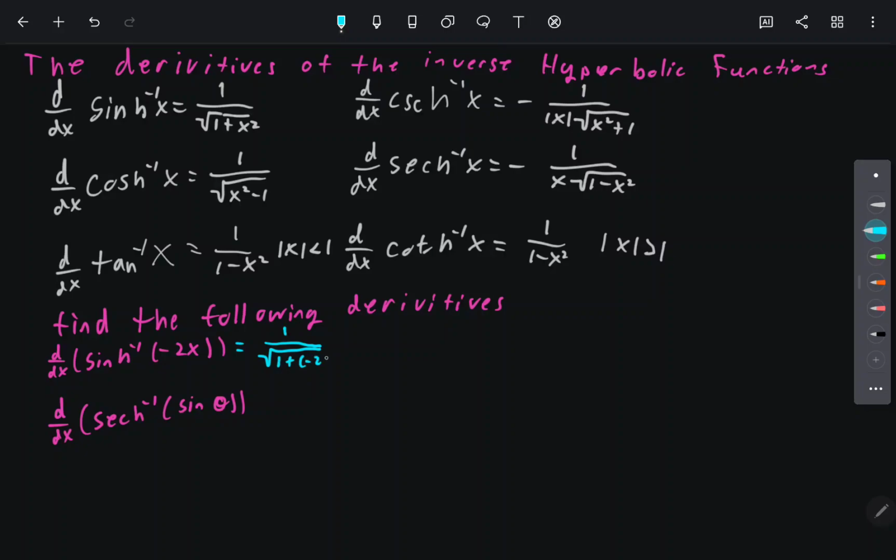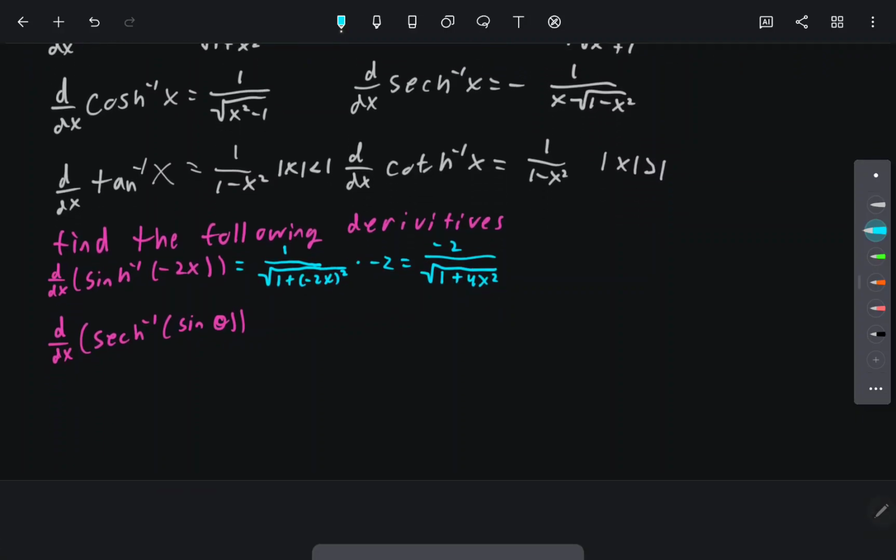We have to put the negative 2x, the argument, the u, in and then square that, times the derivative of the inside, which is just negative 2. So we get an answer of negative 2 over the square root of 1 plus 4x squared as our answer.